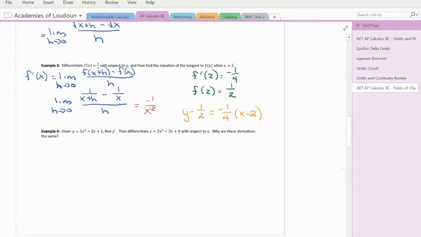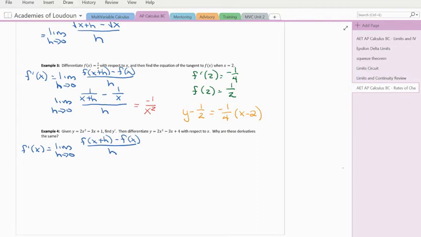Now, I'm going to set up example 4 for both equations, and I want you to carry them through and then see if you can figure out why the two derivatives are the same. All right, so with this, we have that f prime of x is the limit as h approaches 0, f of x plus h minus f of x all over h.